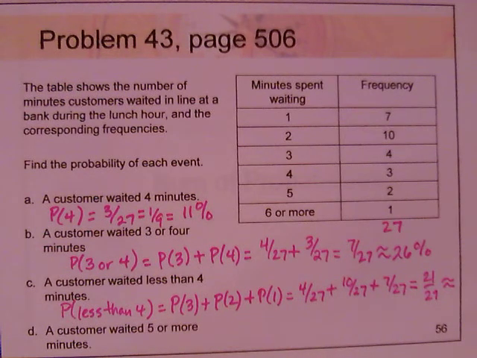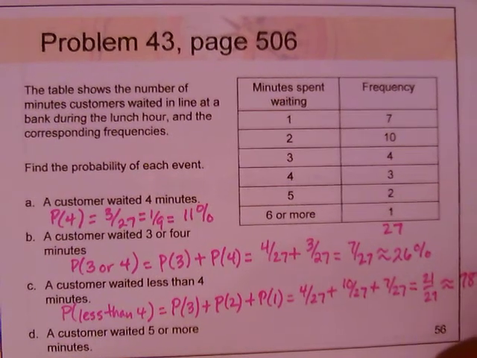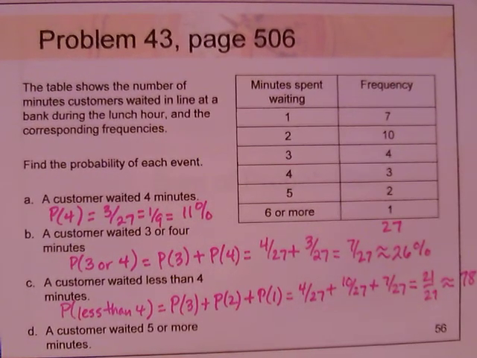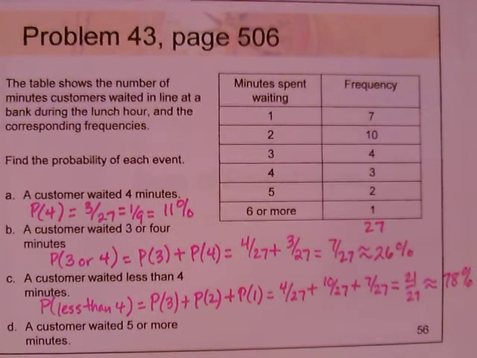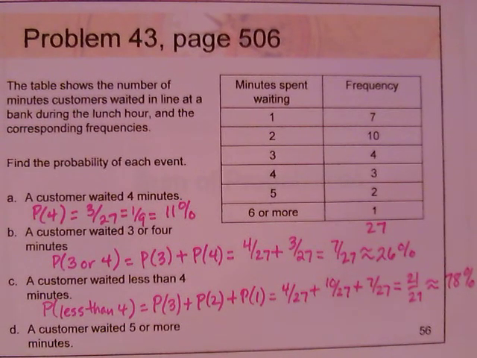To the nearest whole percent would be 78%. Now that 21 over 27, I think that can be reduced by dividing the numerator and the denominator by 3. You'll get 7 over 9. 7 ninths.